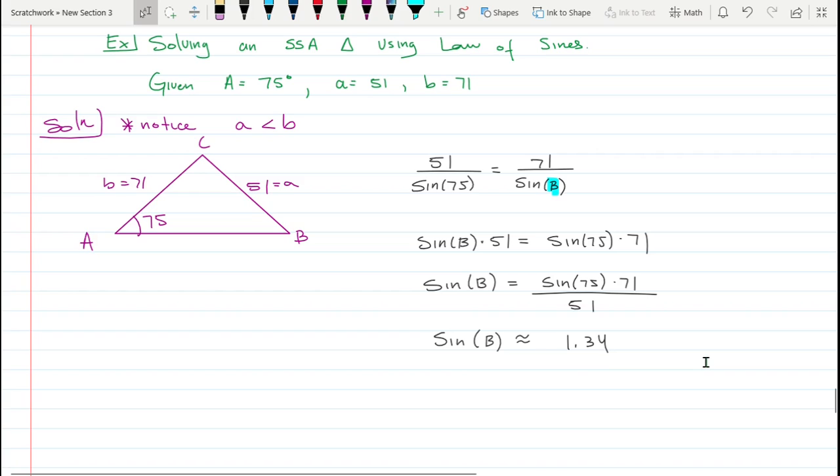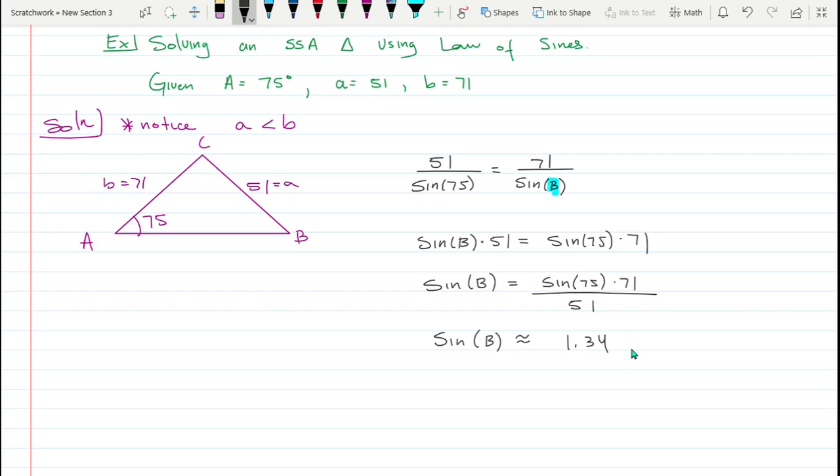So here's one hint. Because sine can never be greater than 1, there is no angle B that you could plug in here that gives you 1.34. So this means that there is no angle B, or there is no triangle for the given measurements.